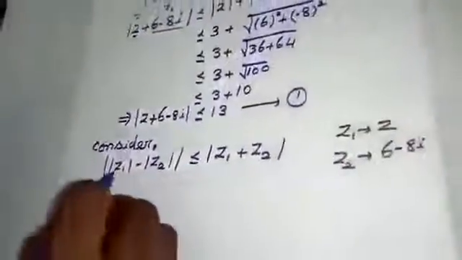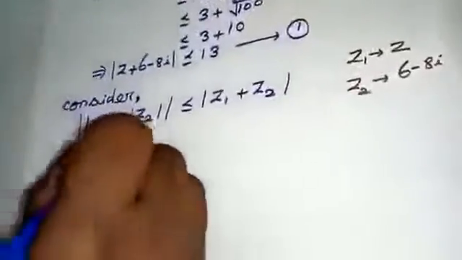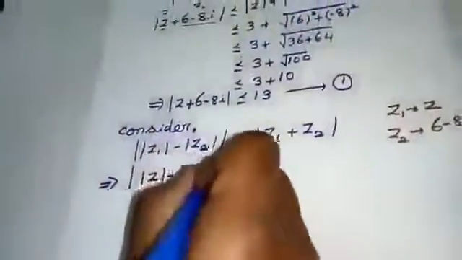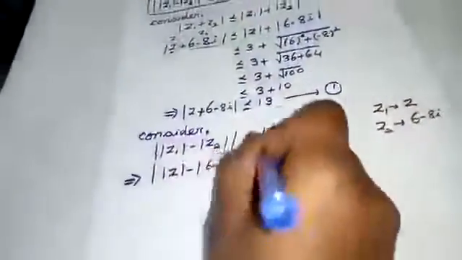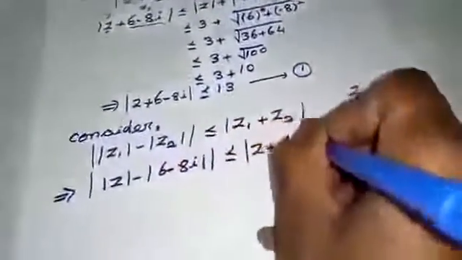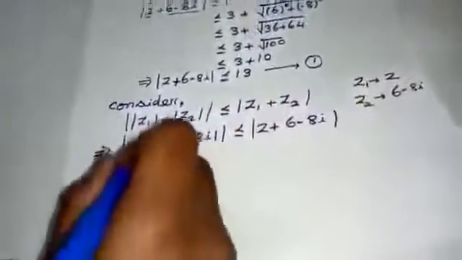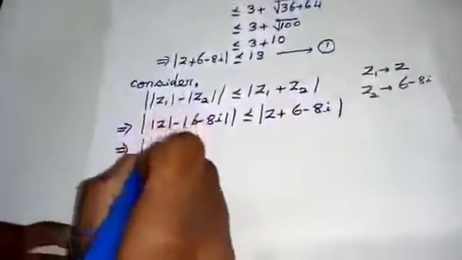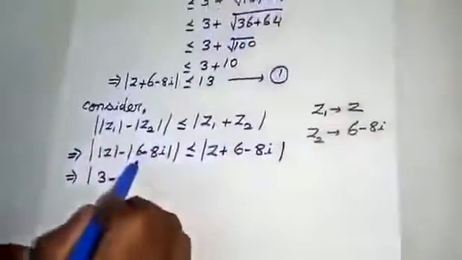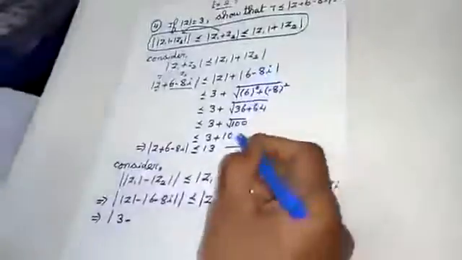Modulus of Z minus modulus of 6 minus 8i is less than or equal to modulus of Z plus 6 minus 8i, which is nothing but modulus of z, what is the value? 3 minus, now only I calculated, what is the answer I am getting for modulus of 6 minus 8i, students? I am getting the value as 10, which is less than or equal to modulus of z plus 6 minus 8i.